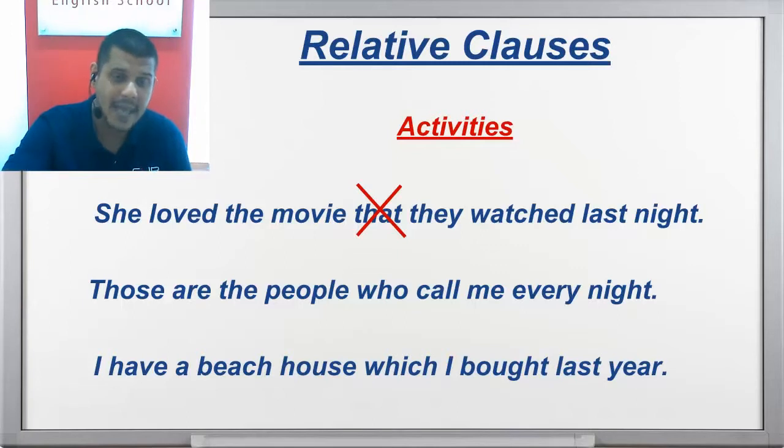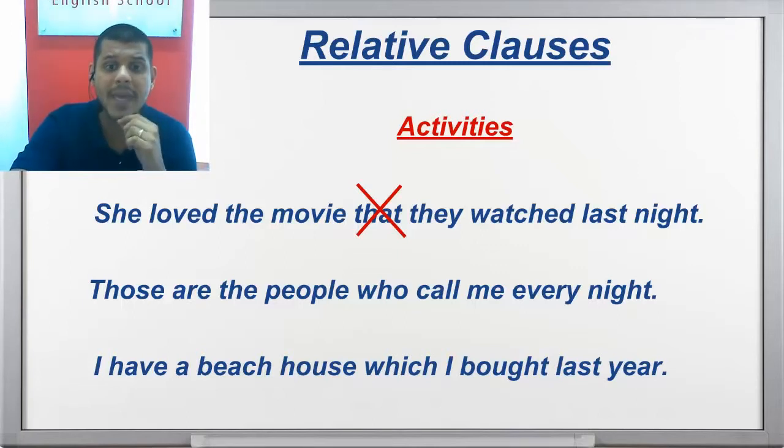Now, attention to the second sentence. Those are the people who call me every night. You see, the relative pronoun in this sentence is who. And immediately after the relative pronoun, I have the verb call. So I don't have a pronoun after the relative pronoun, you know?